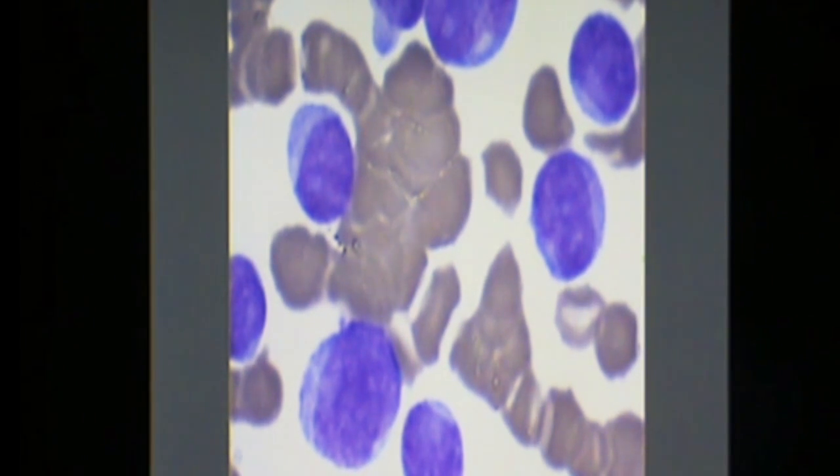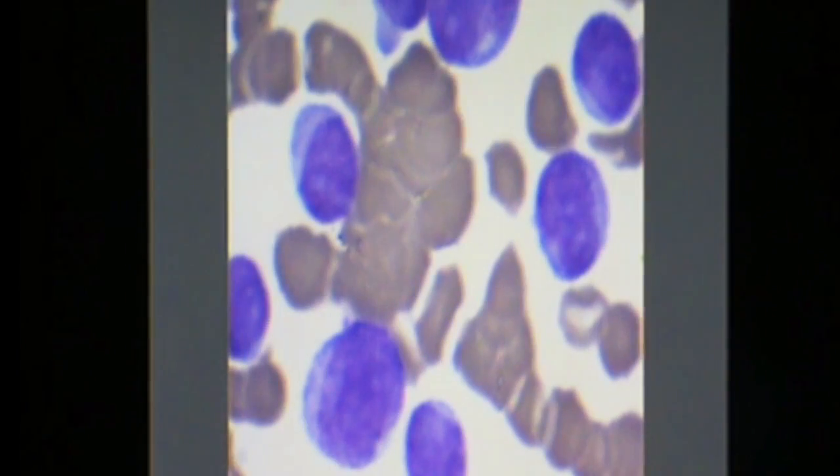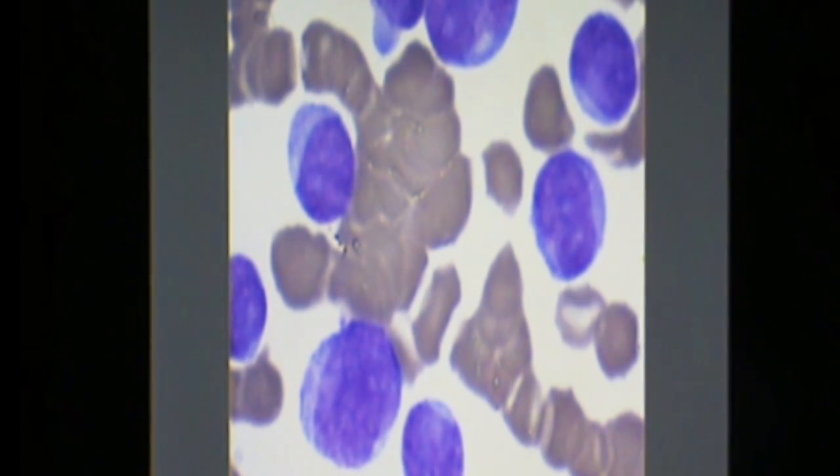They look like blasts. And what you notice on the other hand is that there are hardly any signs of normal hematopoiesis. You find no signs of normal granulocytes, and you find no signs of blood platelets. Normally in each slide there should be a couple of blood platelets, but there are none in this slide, which obviously is consistent with the results from the peripheral blood.